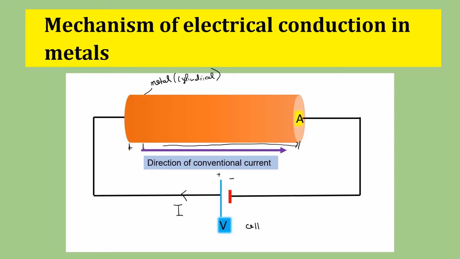What forces them to flow? Which force pushes them to flow across conductors? And how is electricity conducted throughout a metal across the ends of the metal? We are considering our conductor of cross-sectional area A and length L.